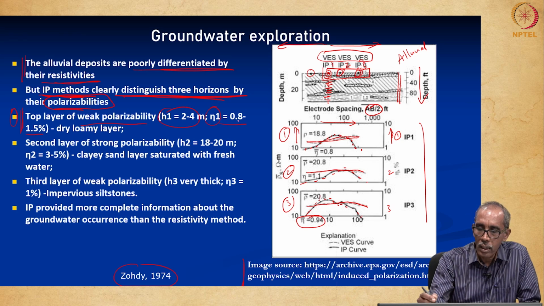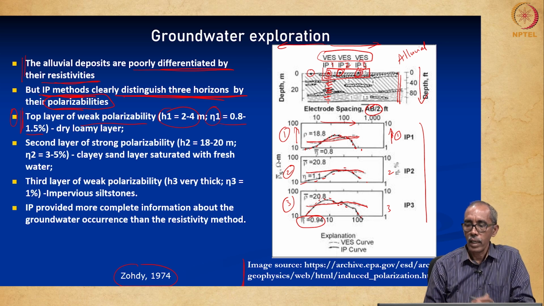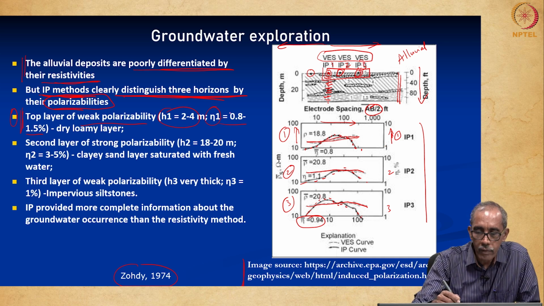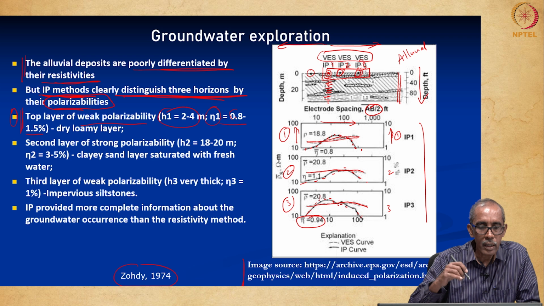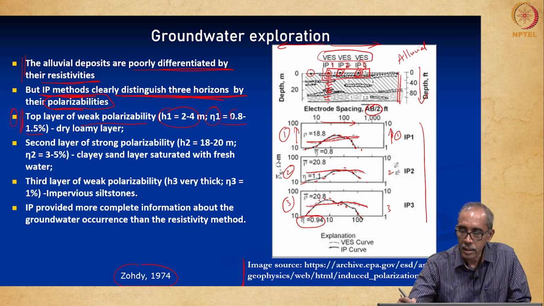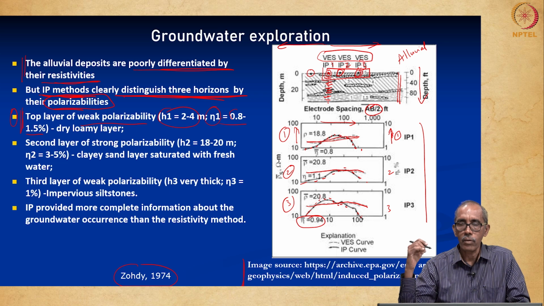So, at layer 1, that is the first part, the chargeability varied between 0.8 to 1.5%, right. Here this axis gives us the percentage value, right.